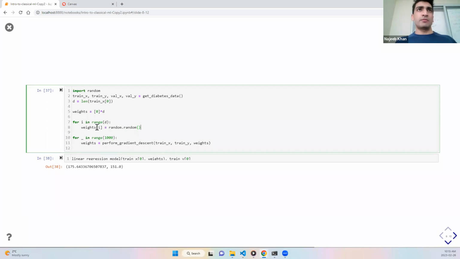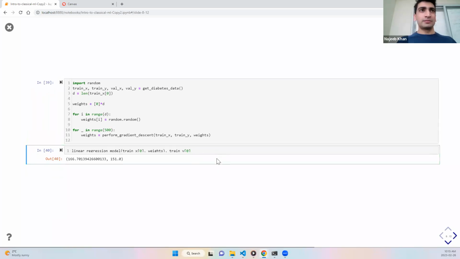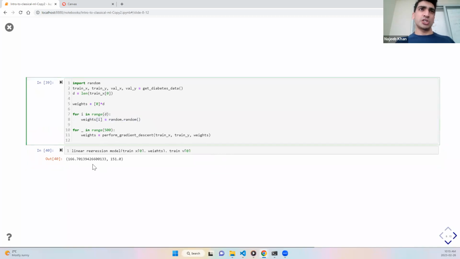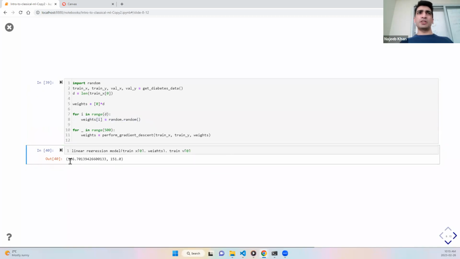For each of the weights that we previously initialized to 0, we set it to some random value, and let me reduce the steps to 500 so it's quicker.